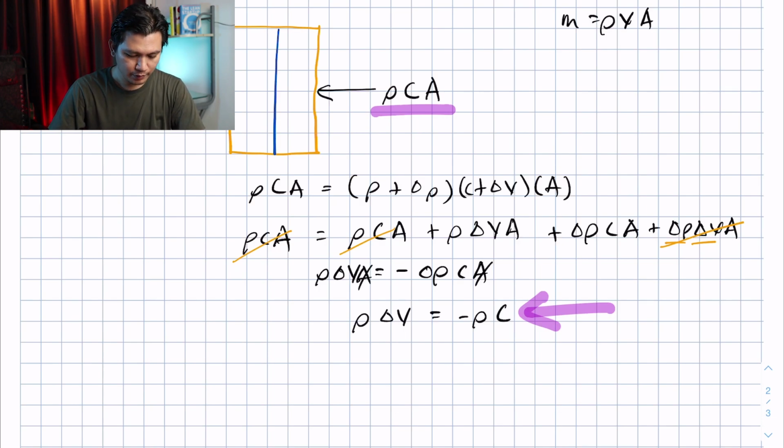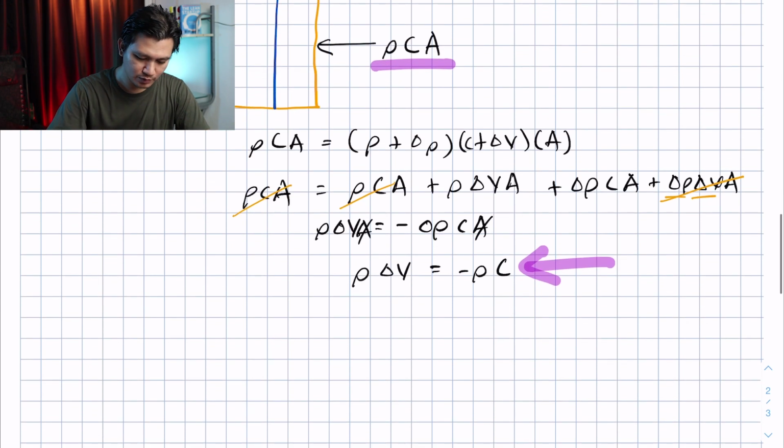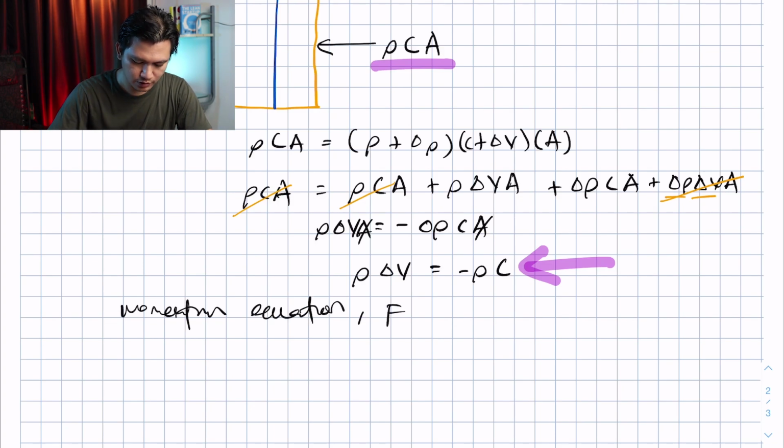Now what happens if we consider the force into and out of the control volume? This is when we do the momentum analysis using the momentum equation. What does the momentum equation tell you? The momentum equation is F equal to MA, and this is equal to m dot times V2 minus V1.